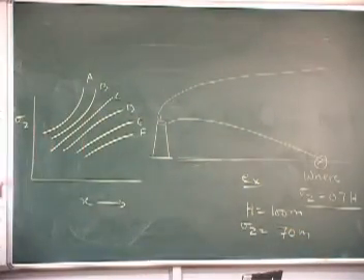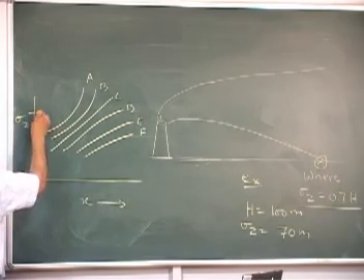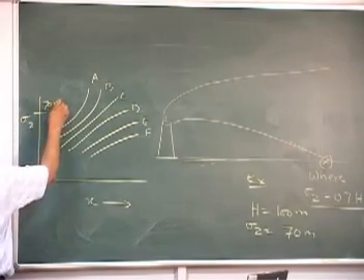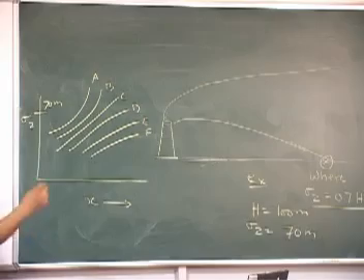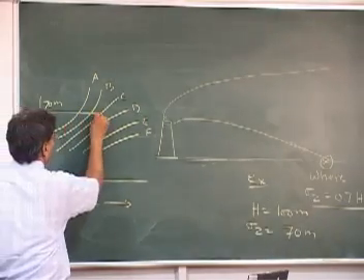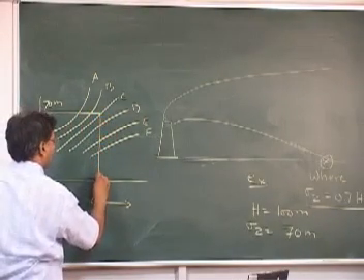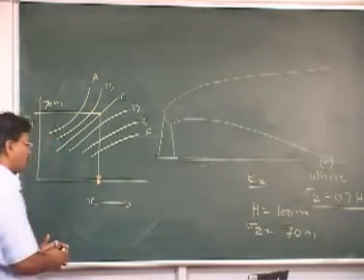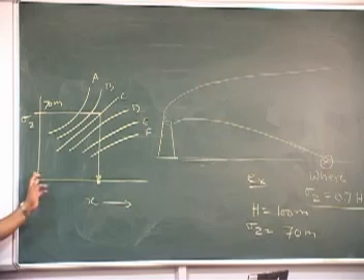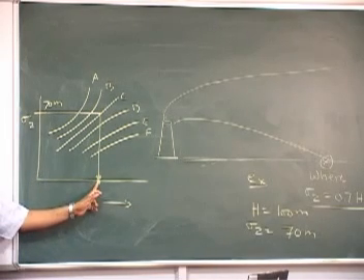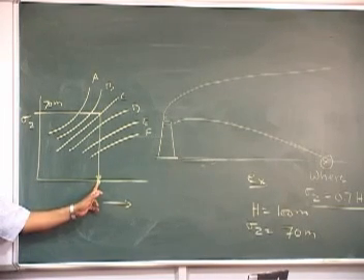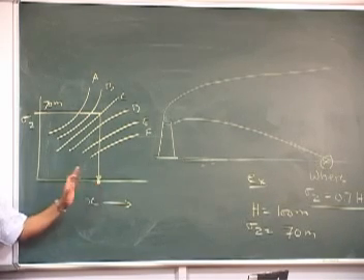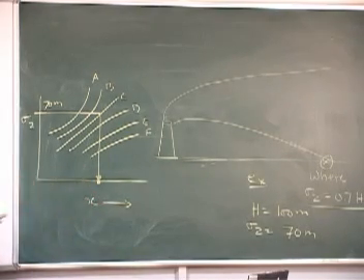I go to here and strike 70 meters, and my stability was, let us say, C. So this is my distance where the maximum ground level concentration will occur. Does everyone agree?